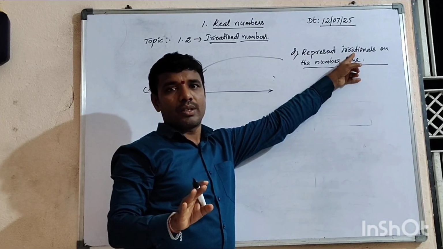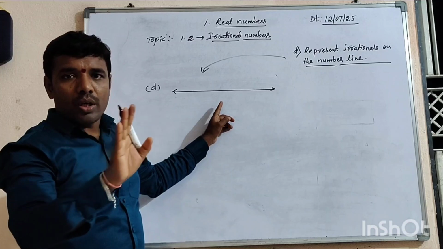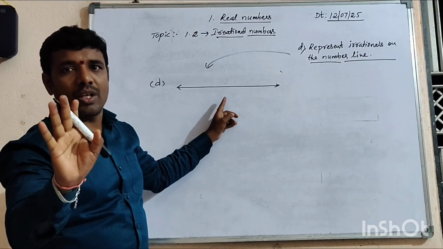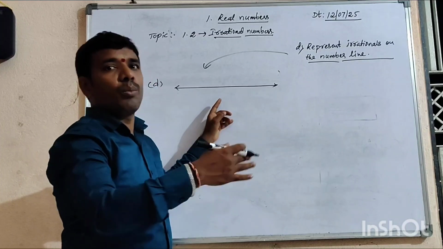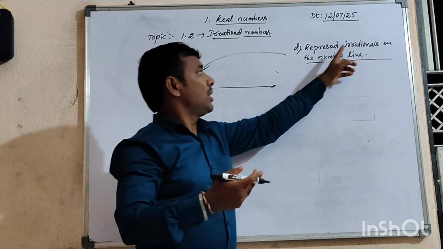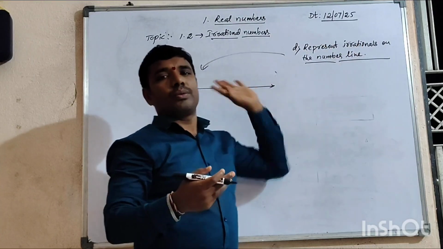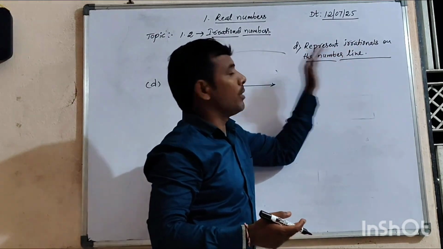Got it? The number line is not completely filled with rationals, so there is a chance to denote some more values. Those are called irrationals also. So our topic is to represent irrationals on the number line.